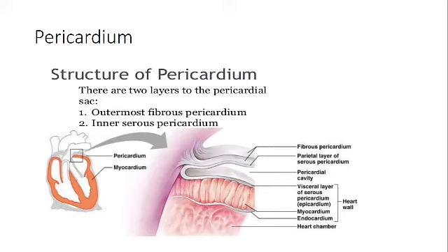This serous pericardium is further divided into 2 parts. The one on the distal portion here is called the parietal layer of the serous pericardium, whereas the one in the proximal portion here is called the visceral layer of the serous pericardium. Another name for the visceral layer is the epicardium.